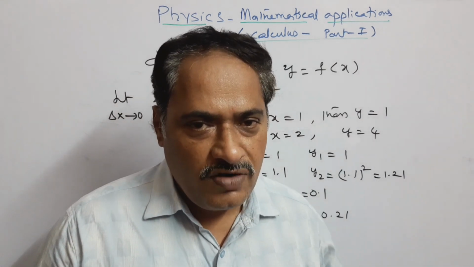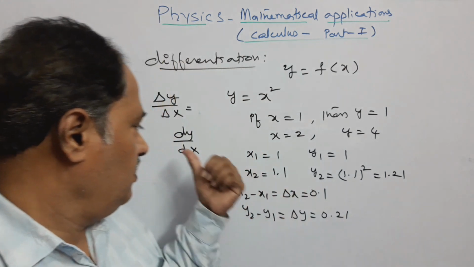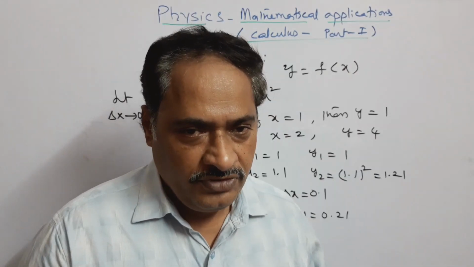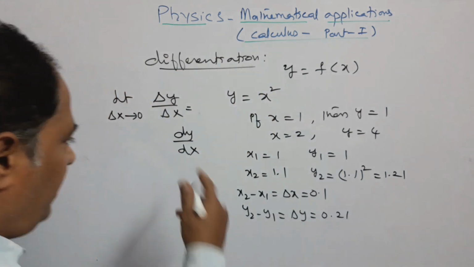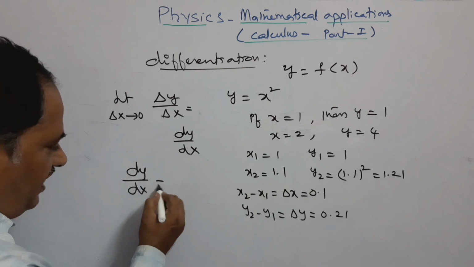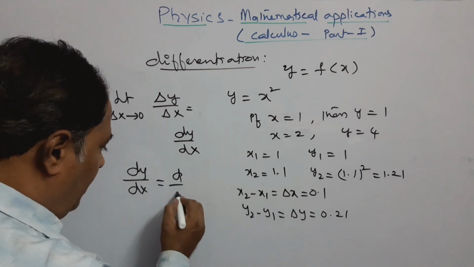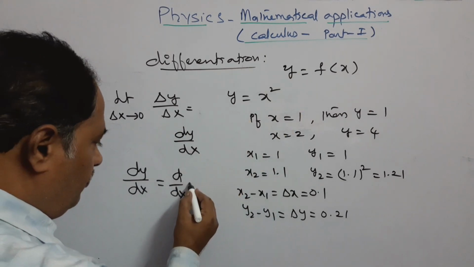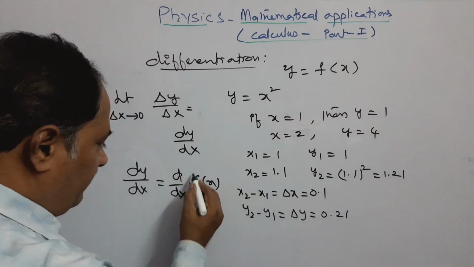So on most occasions we call this the derivative of y with respect to x, meaning first order. Therefore I can write dy by dx, or d by dx of y, that is nothing but f of x.